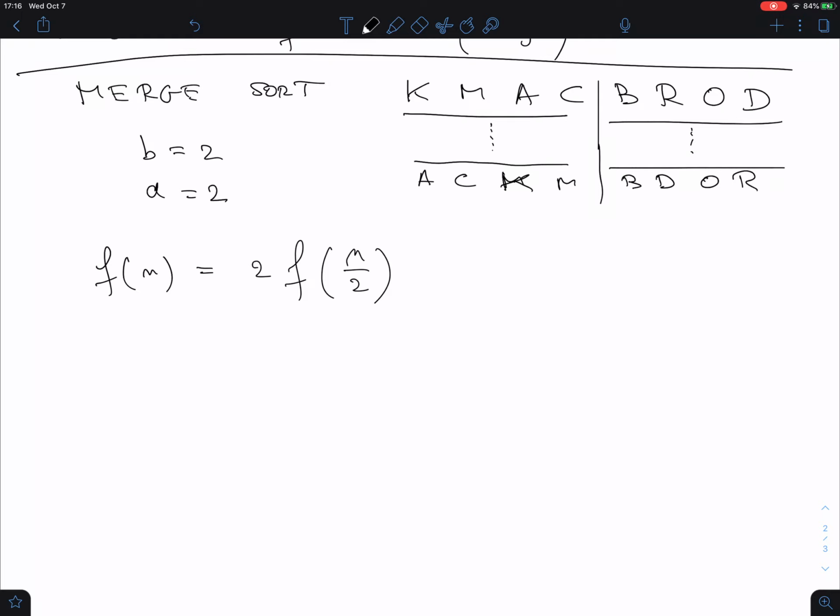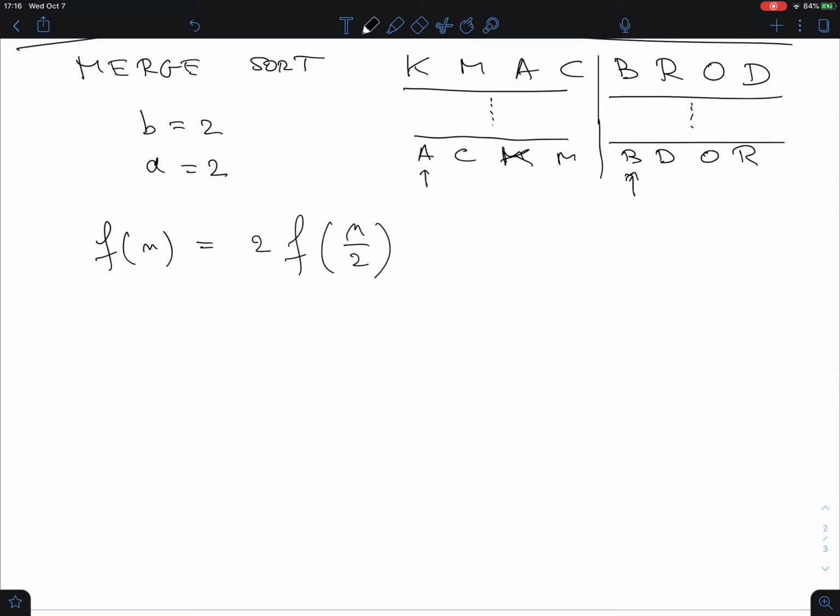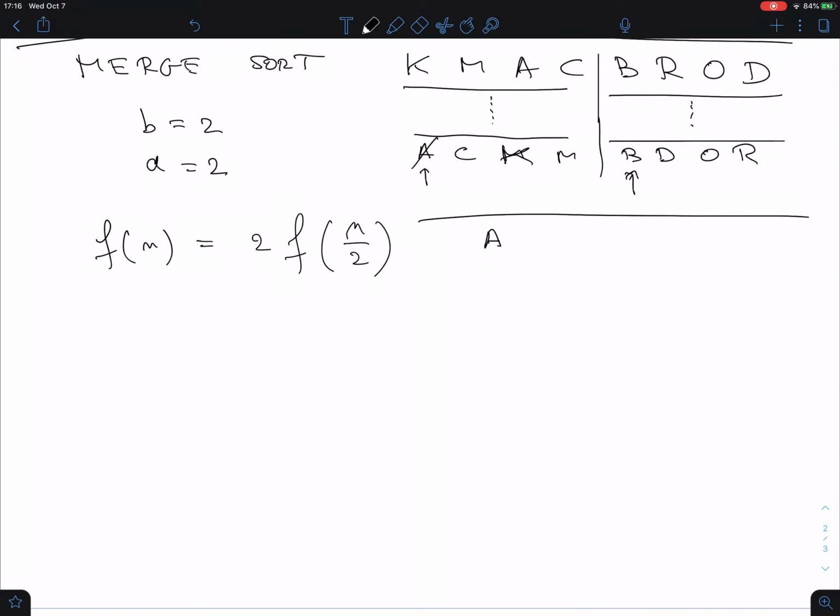But then we had to put this together, and how did we do this? We would go through each of these lists. We would look at the first element of this list and the first element of this list, and we would take the one that is smallest, and we put that first. And then we would erase that from that list and look at the next element and compare again. So we compare these two, and this is B. So now B goes.